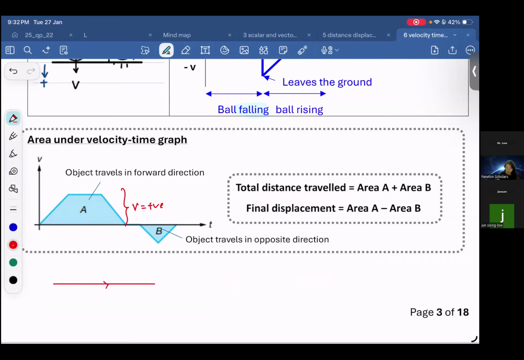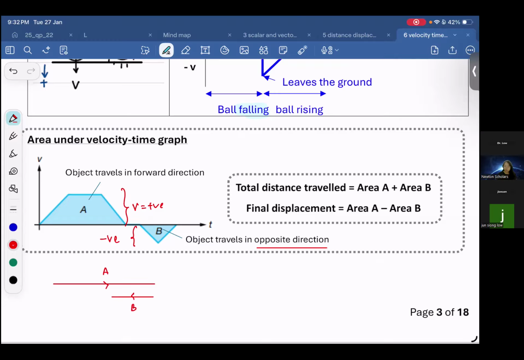For this section A it is moving forward. After that, it rests for a short while. Section B is negative. Here is negative velocity, that means the opposite direction. So here, it will move backward for B. B area is smaller than area A, so it moves backward for B.